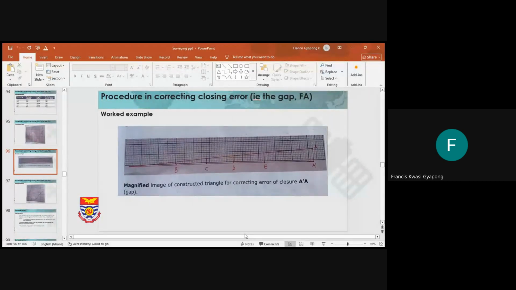Put your ruler there and come to D. So now we are operating between B and D. As we go on, I'll give you the techniques, but I want you to see how this one is done before next time we firm it up.